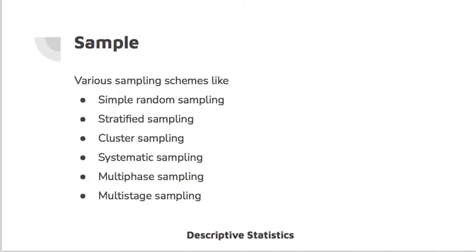There are various sampling schemes. These are the different sampling techniques where you can collect the samples: simple random sampling, stratified sampling, cluster sampling, systematic sampling, multi-phase sampling, multi-stage sampling.